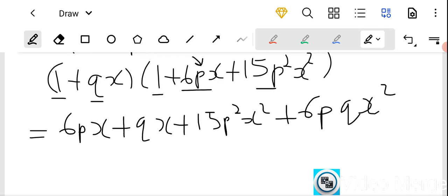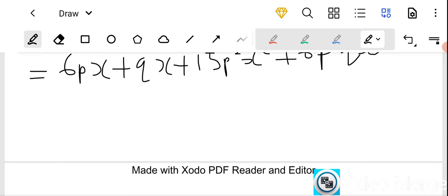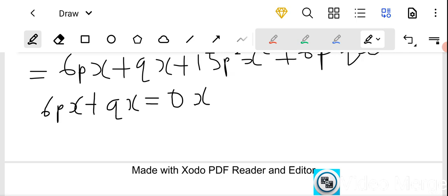And then we just group everything up in x. Okay, well, we'll have 6px plus qx is equal to 0x. So we can drop x, and we'll have 6p plus q is equal to 0 as our equation 1.